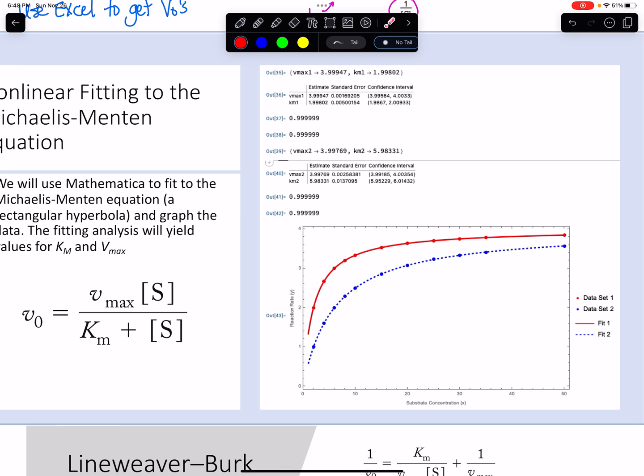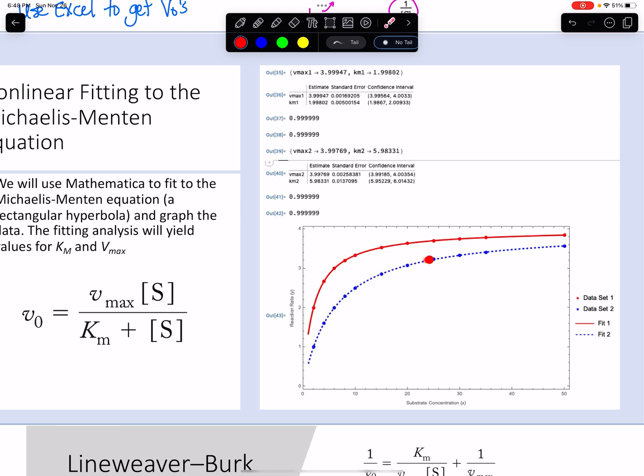So the template I have for you is going to make a graph for you. I have 2 separate data sets that I graphed here. I've got my reaction rate, my velocity, V0, versus substrate concentration. And so the points, okay, are the data points that I collected.